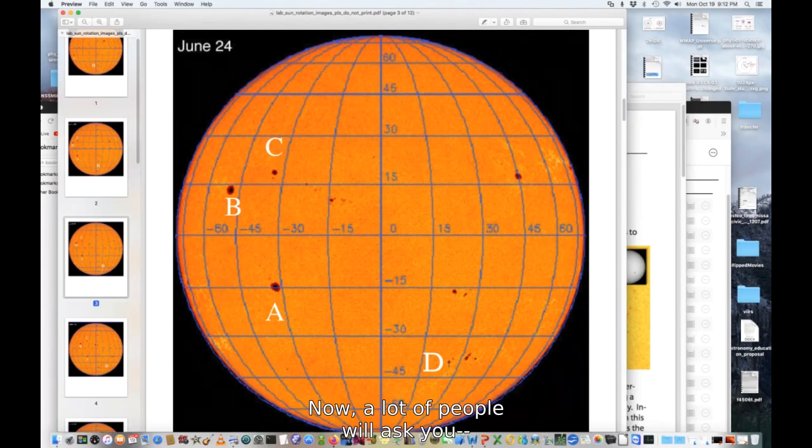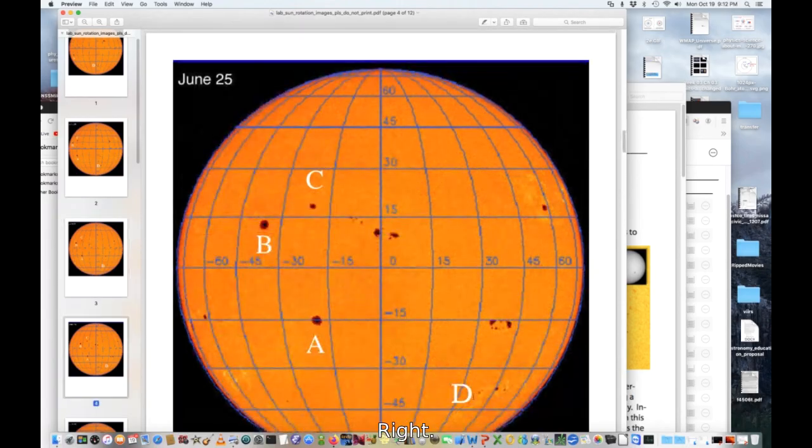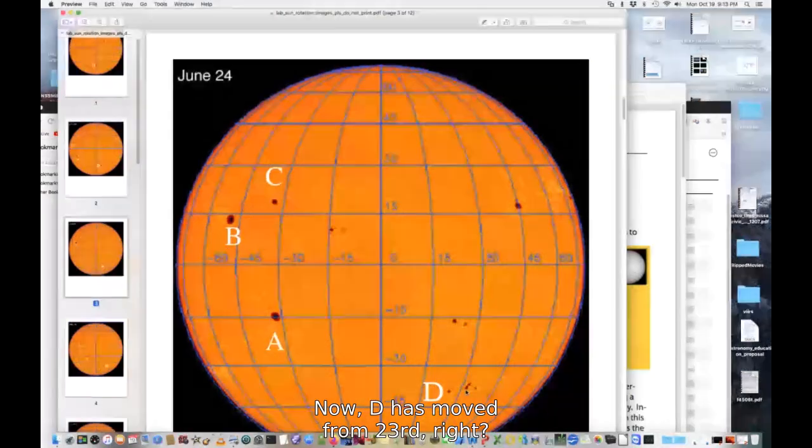Now, a lot of people ask, look at D, D is an extended object, which one do I use? Well, it doesn't matter. You can use this dark spot right here, or you can use this one, as long as you're being consistent. So let's go to the next one. Now D has moved from the 23rd.